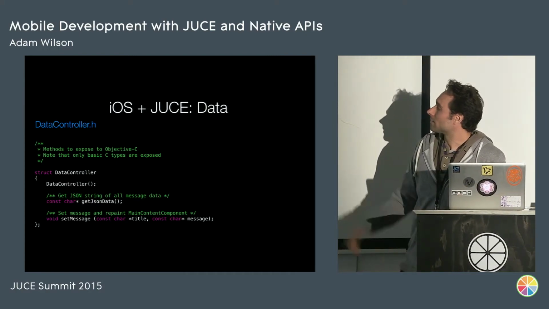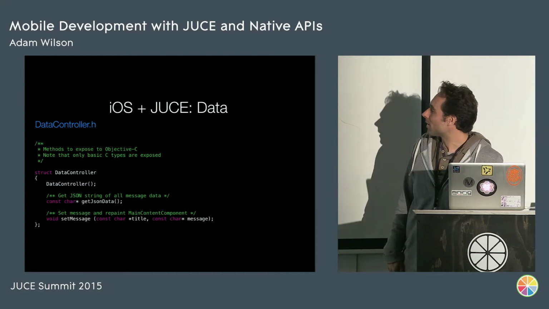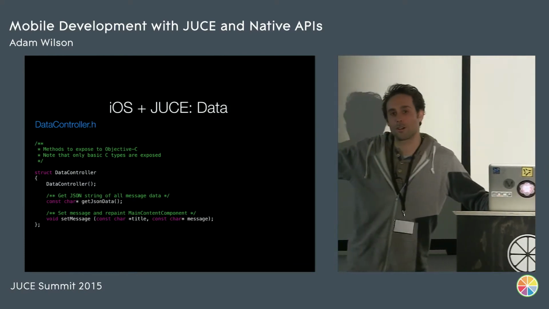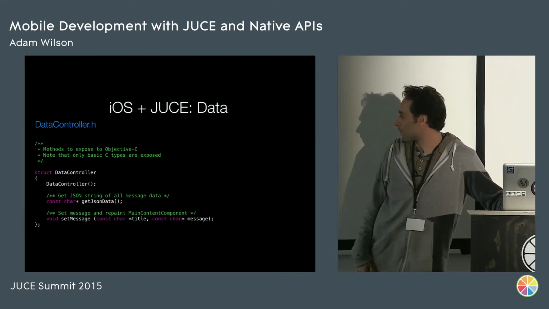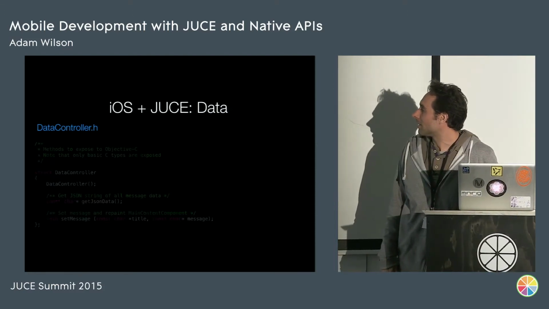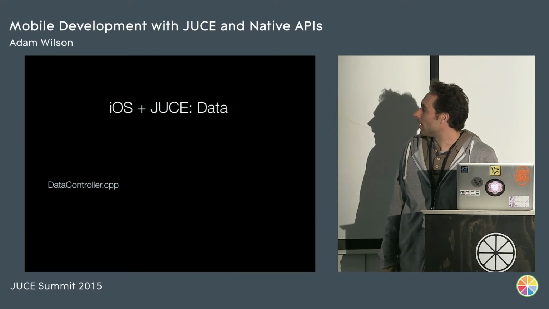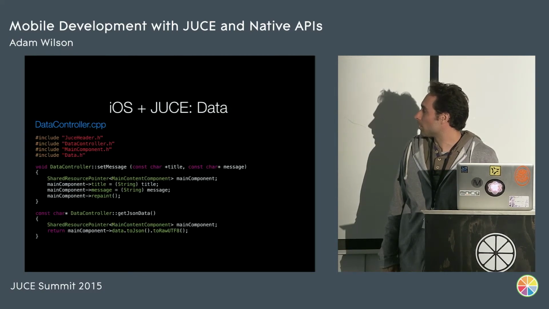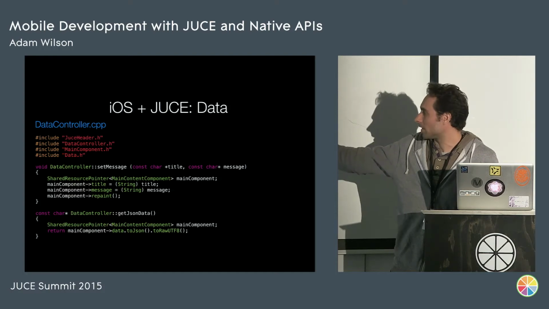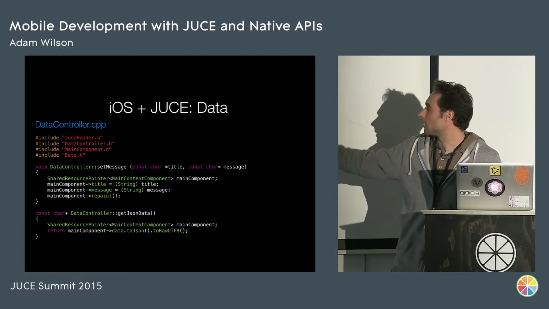So here's a quick bit of code for our data controller header. You can see that I've used const char pointer instead of string to pass things around. And only in the implementation do I include JUCE, and here I can use JUCE classes.